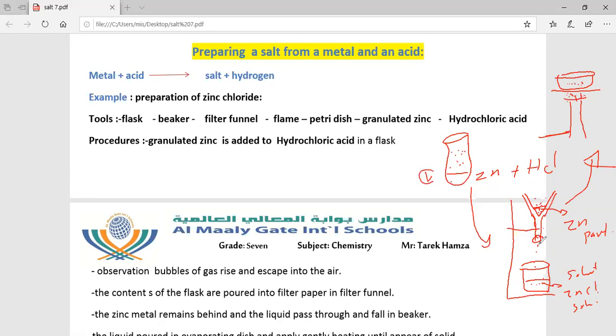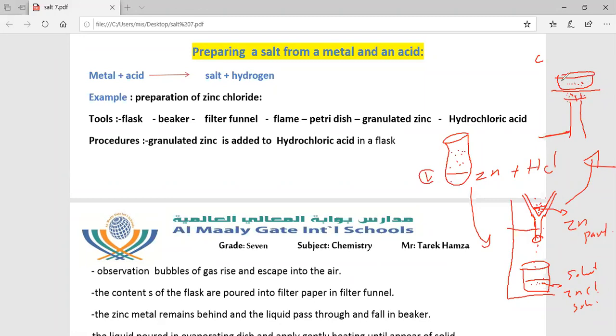Observation: liquid drops fall into the beaker put under the filter funnel, and particles are trapped in the filter paper. Take this liquid and pour it into an evaporating dish, and apply the flame.